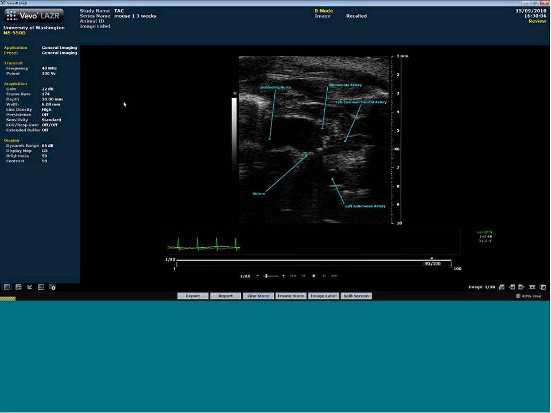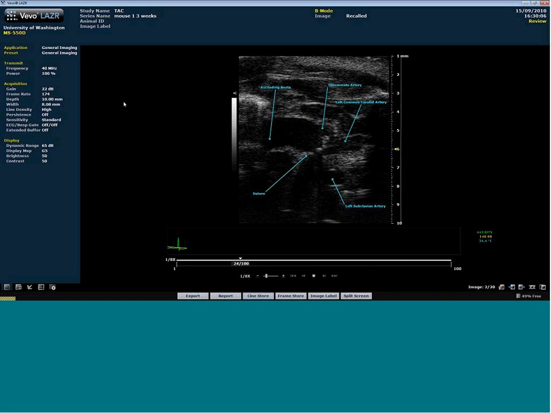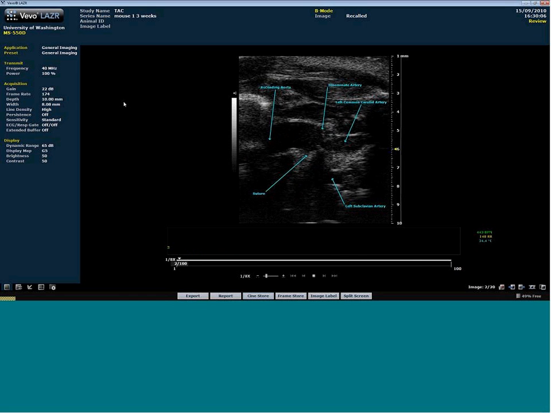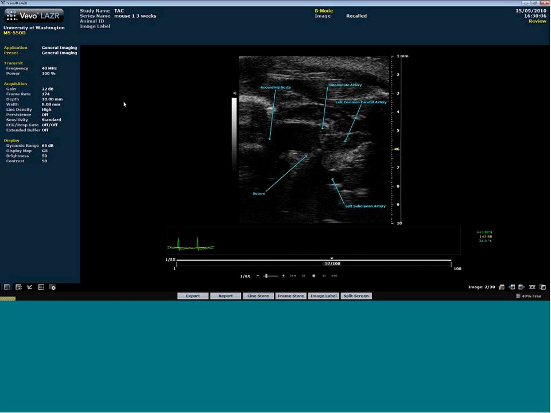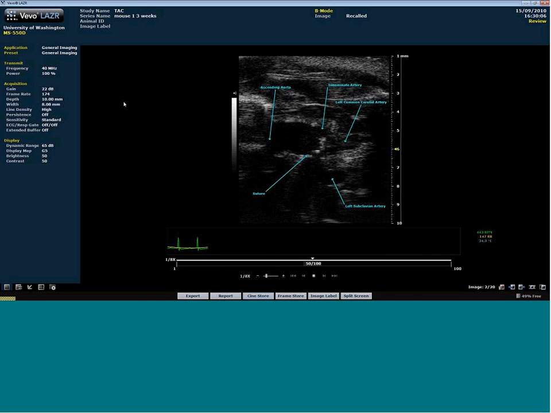When I talked about the rat imaging and imaging with the 250 and speckle size and resolution, how that changes, your field of view changes, your depth of focus, your depth of field. One of the things that changes with frequency is the maximum Doppler capability of the probe.